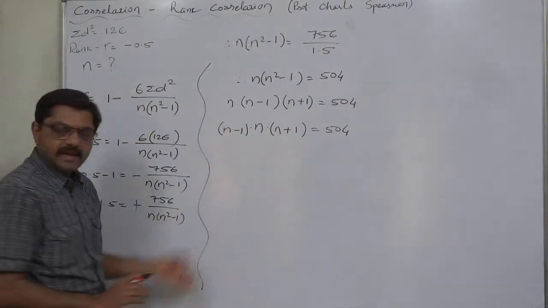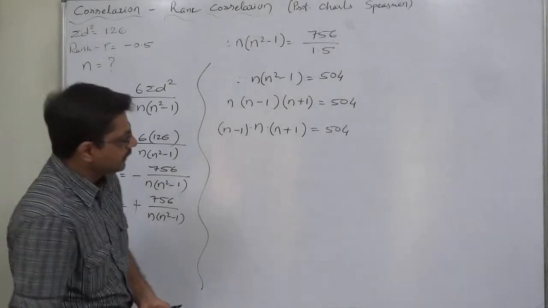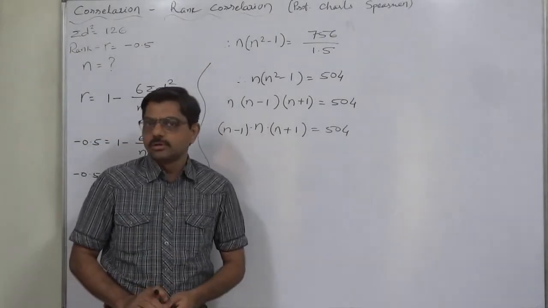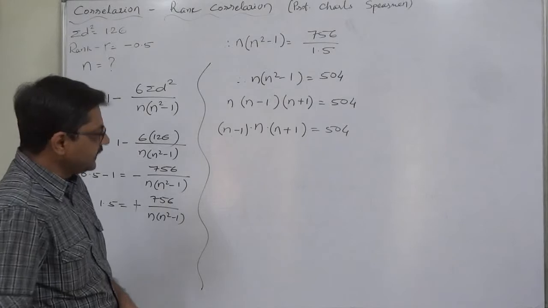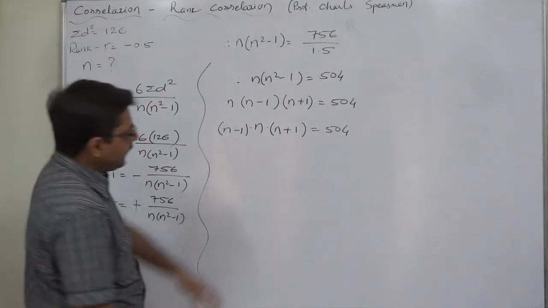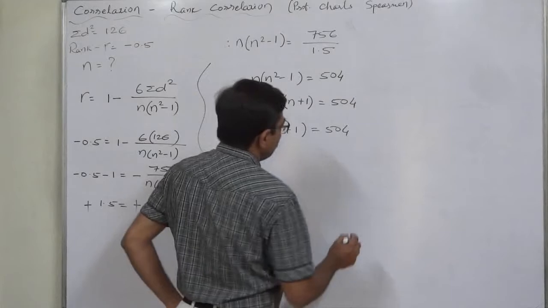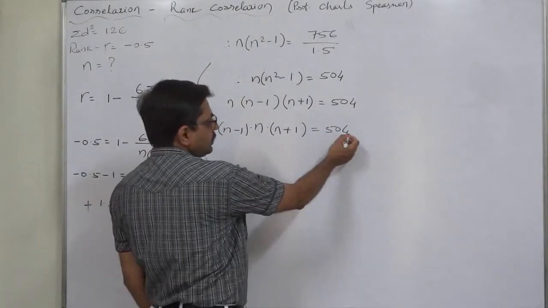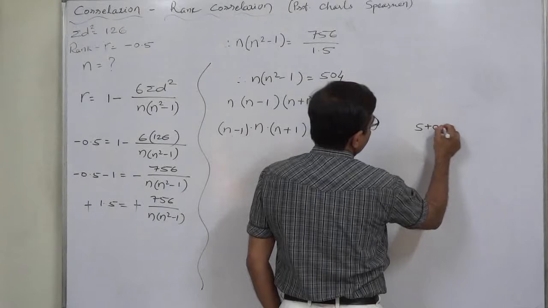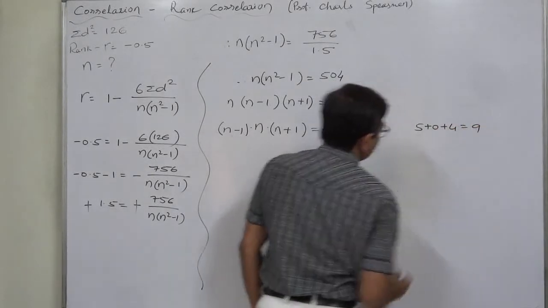What to do? There are many ways to solve this problem, but I am going to suggest the easiest way. Some mental maths is also there, some common sense is also there in solving this step. 504. First of all, what is the summation of the digits? 5 plus 0 plus 4 equals 9.